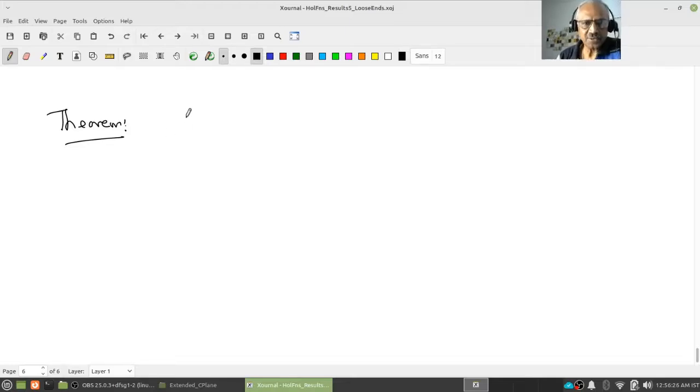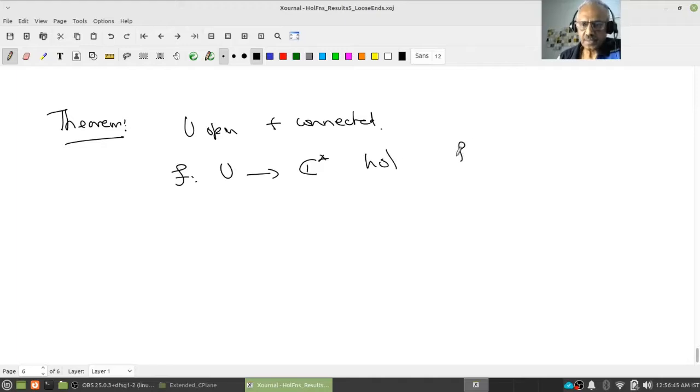Suppose U is open and connected, and suppose f is a holomorphic function from U to C star. That is, f is a holomorphic function U to C such that f of z is different from 0 for all z in U.